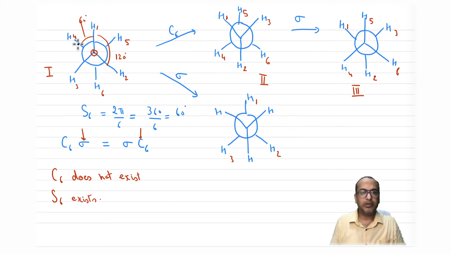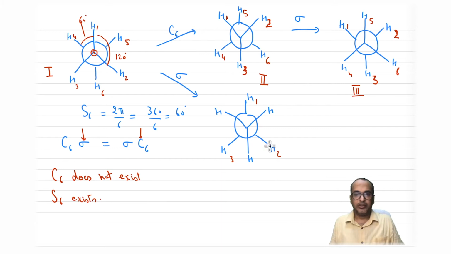Did I mess up the numbering? 1, yeah, 1. This should be 2 actually, right? And this should be 3. So accordingly this should be 2, this should be 3. And then the 4, 5, 6, 4, 5, 6, yeah, this is correct.